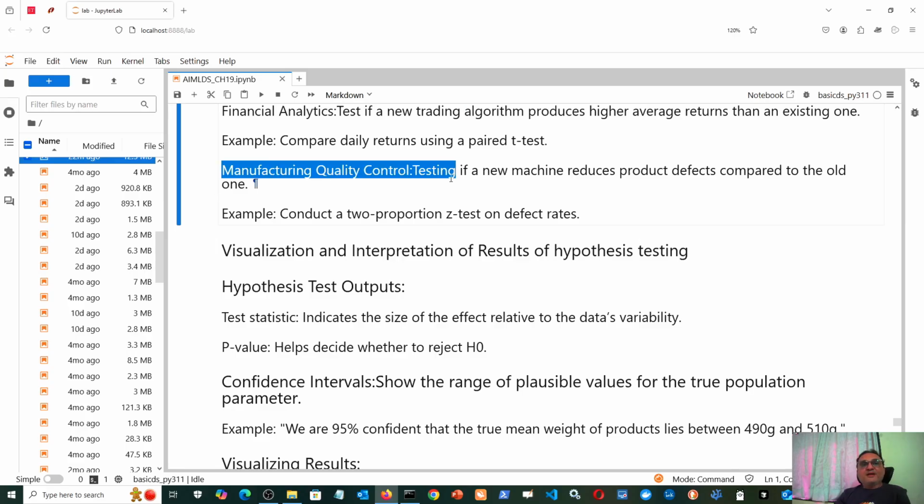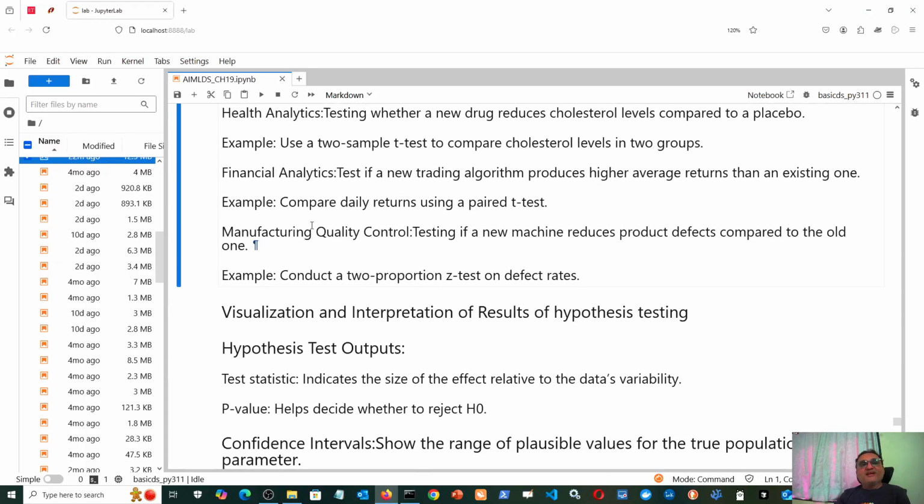And if the null hypothesis is rejected, then you can say that yes, the new trading platform produces significantly higher average returns, right? Now manufacturing quality control, so that is also one advanced use, because predictive manufacturing requires sensors and the data coming from sensors, that is IoT-like devices, that will send the data. You have to analyze the data coming from sensors, and you have to predict that this machine part is going to fail, or in manufacturing, if you are building say iron blocks, then after every 200 blocks maybe there is going to be one defective block, or like that.